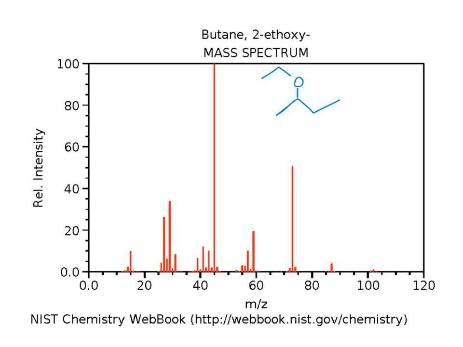All right, the molecular ion is at 102. Notice it's very small, right, because there's easy cleavage mechanisms. All right, so we're going to ionize on the oxygen.